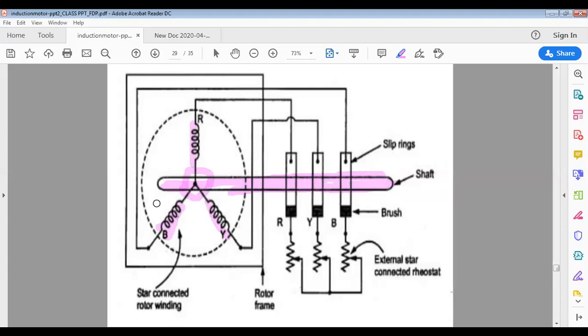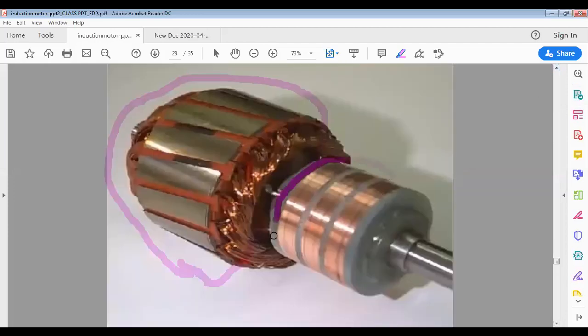So all of you can see one terminal of each is connected together, which is called the star point or neutral point. And what about the remaining 3 free terminals? In the earlier image, all of you can see these copper rings. See the rotor windings. These are the slip rings. This is the first copper ring, the second ring, and the third ring.